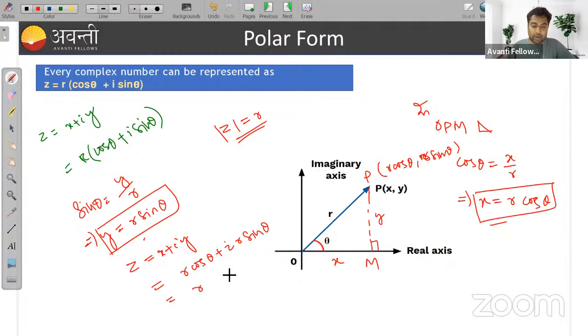If you take r as common, it will be cos theta plus i sin theta. So this is my polar form. Remember, z is equal to r into cos theta plus i sin theta is the polar form of this complex number. Clear, everyone? Just respond in the chat box if it is clear to all, guys.